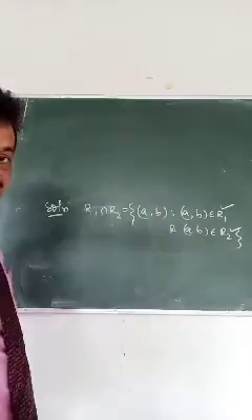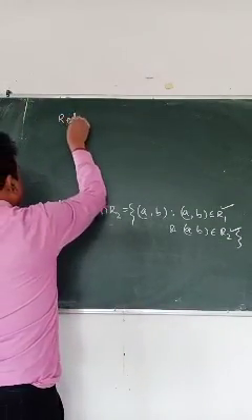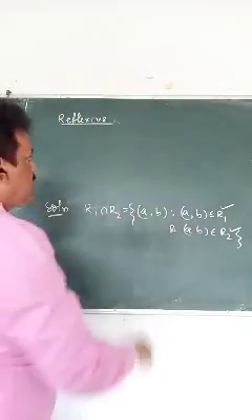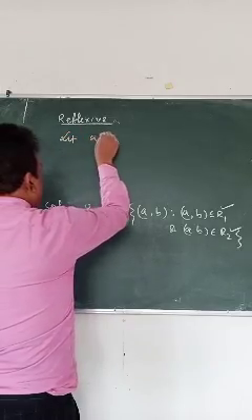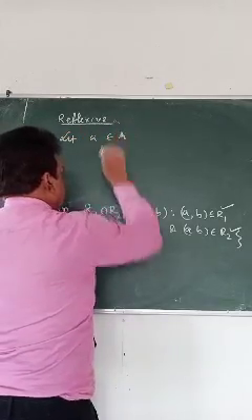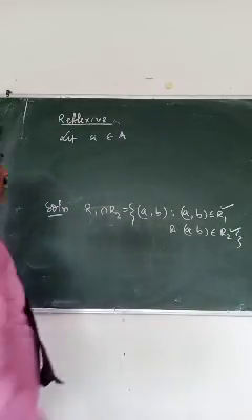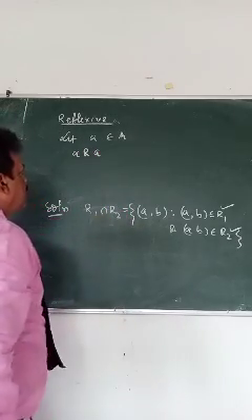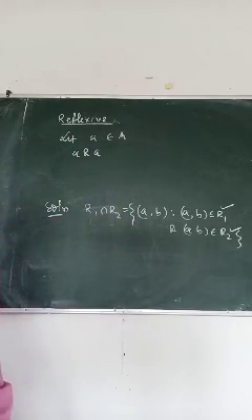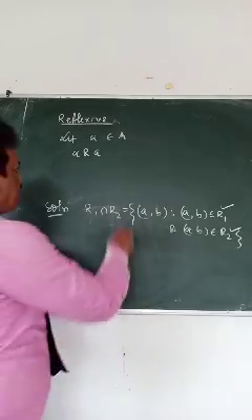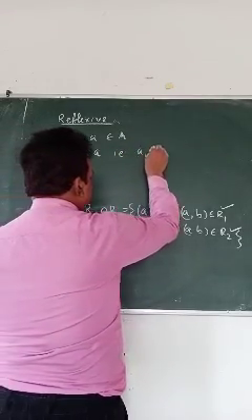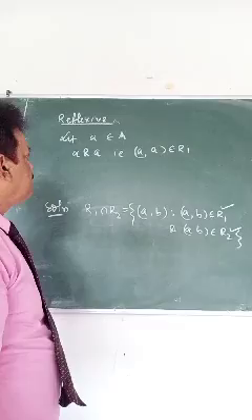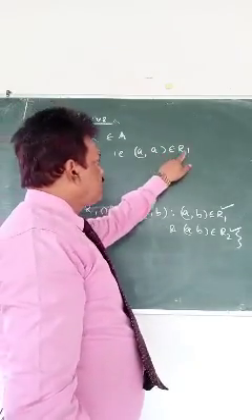What is a reflexive relation? Let a belong to A. Then a relates to a, that is, in ordered pair form (a, a) belongs to R1.